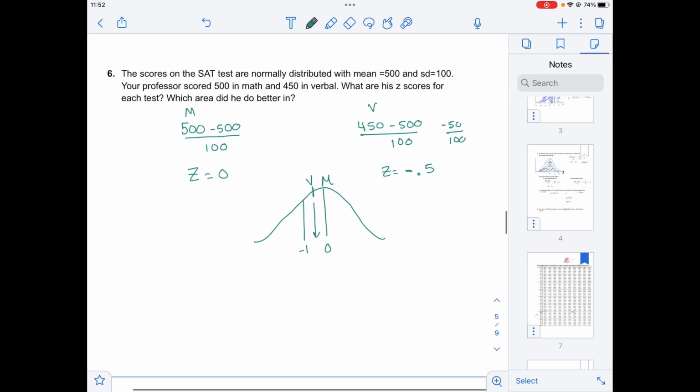Now, how much better? If he's at math here, he scored better than 50%, because half of the population is below, but 50% also scored better than him.